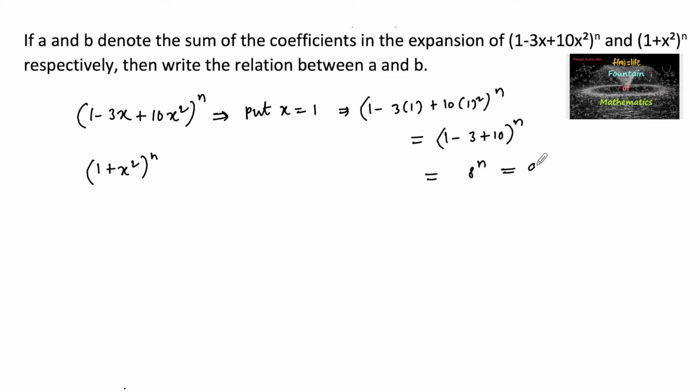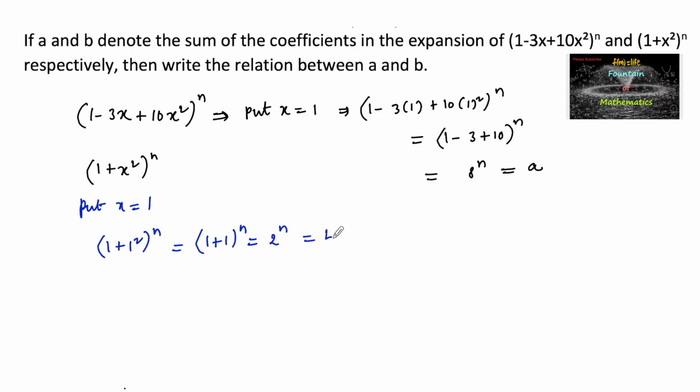Say this is A. And for (1 + x^2)^n, let us consider x is equal to 1, so we get (1 + 1^2)^n, which is equal to (1 + 1)^n, that is 2 to the power n.